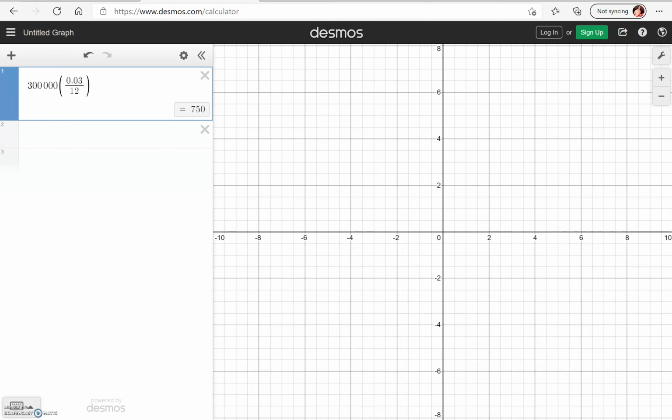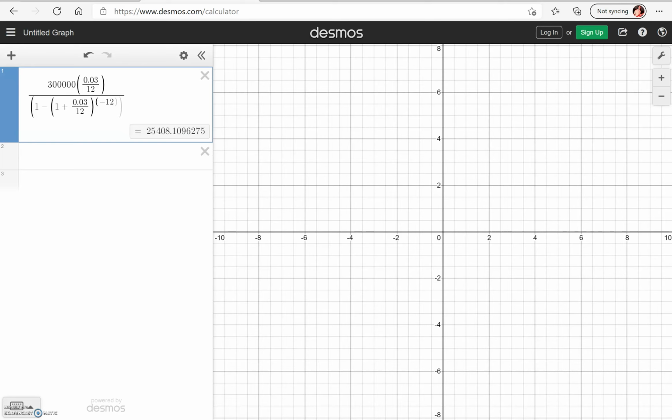I want to do divided by, and then we'll do a parentheses 1 minus parentheses 1 plus, and then 0.03 divided by 12, right arrow to get out from there. And then we need to raise up to the power with shift 6, and then I'm going to start parentheses negative 12 times 30 and close these parentheses, although it already gives you the answer, and you will round here down to 1264.81 to the nearest cent.